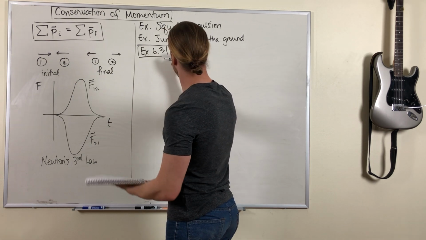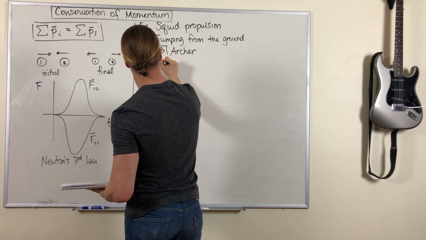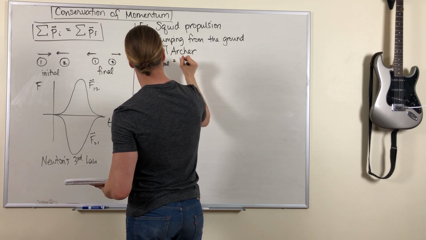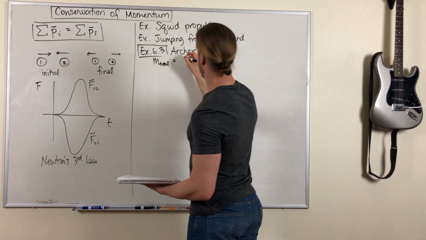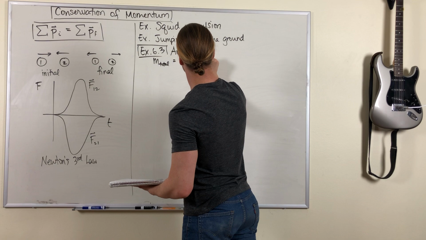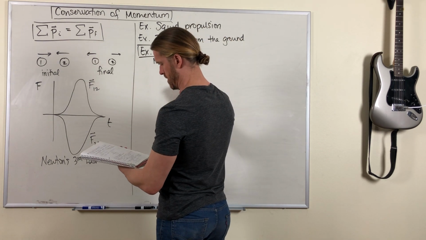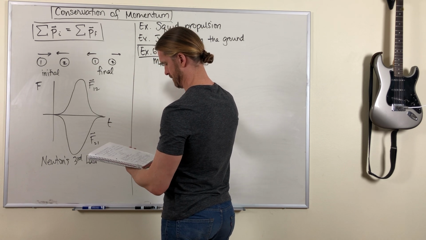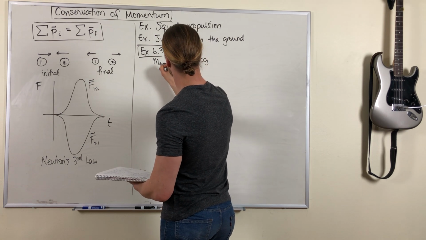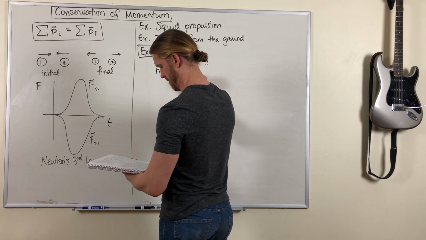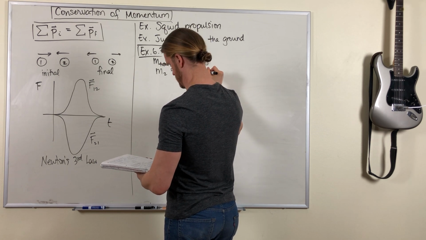So here's the given information: the mass of the system, the archer plus the quiver of arrows, is 60 kilograms. The mass of an arrow is 0.03 kilograms.